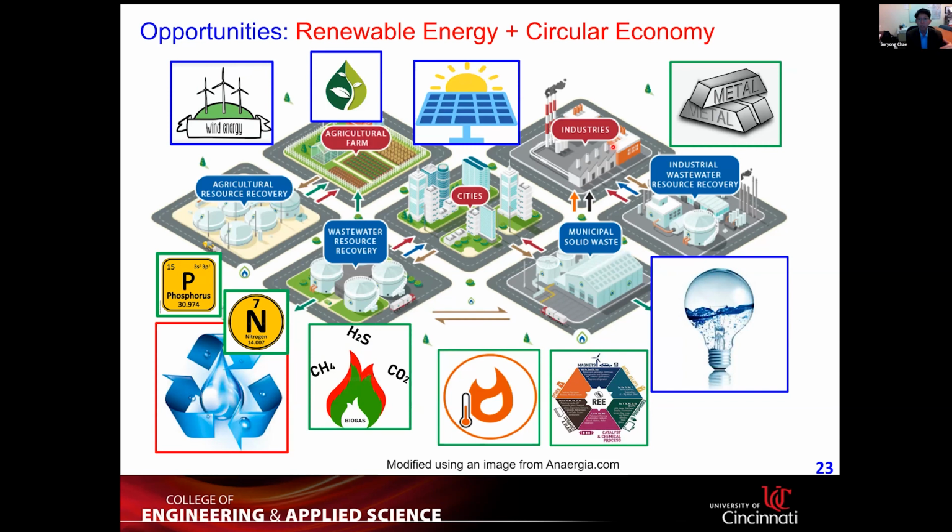For example, the industry sector uses a lot of materials, and that waste goes to the landfill. However, we can recover this material from the industrial sector and send it back to somewhere in a city or another industry. And also municipal solid waste, like food waste, should not just go to landfill.